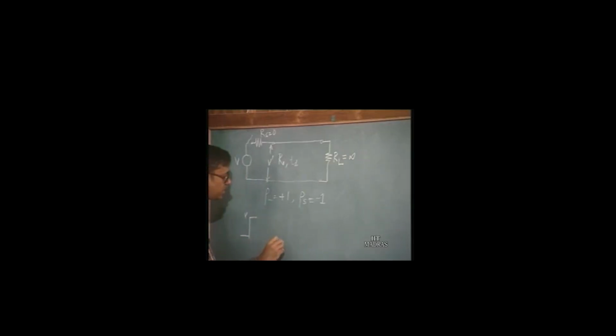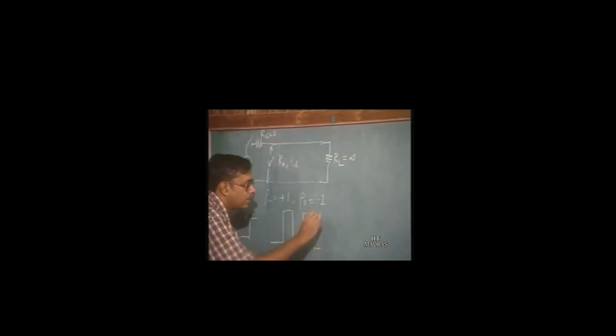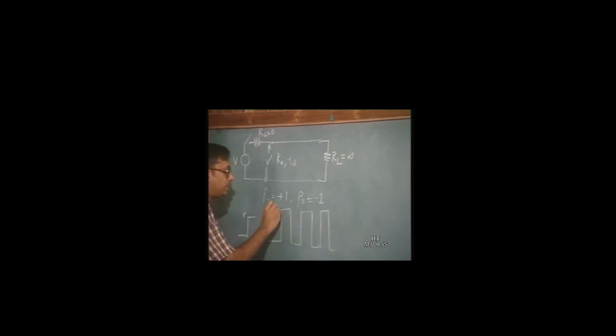The output is going to be something like this, oscillations which are not going to die down, of amplitude twice V. So this is of course going to be a very bad situation, and this is the extreme case, that is, one end short circuit and the other end open circuit.